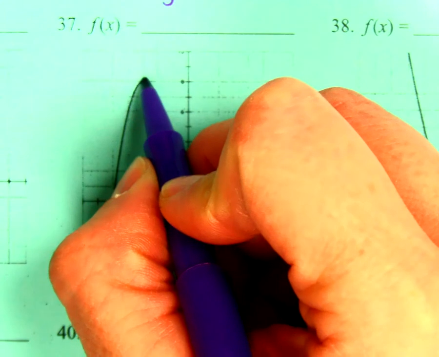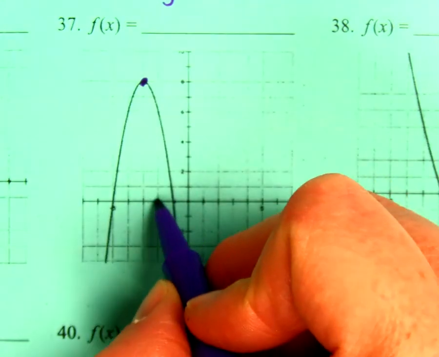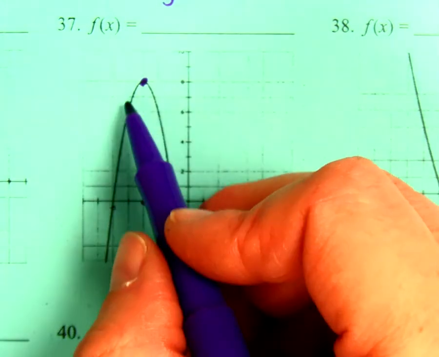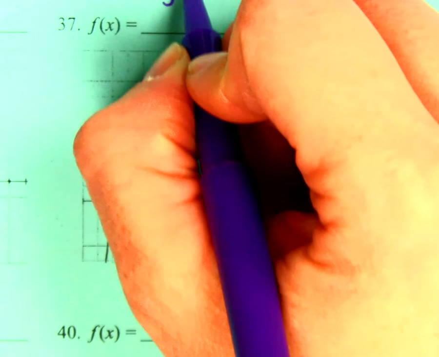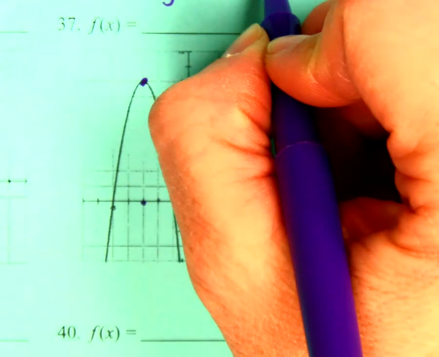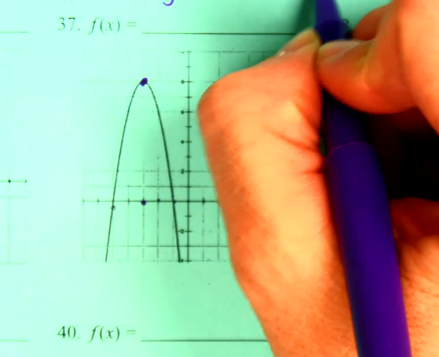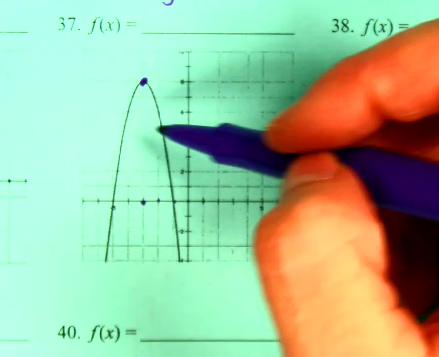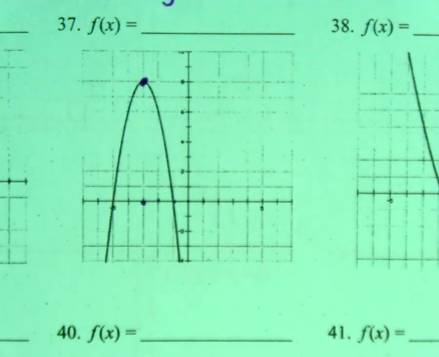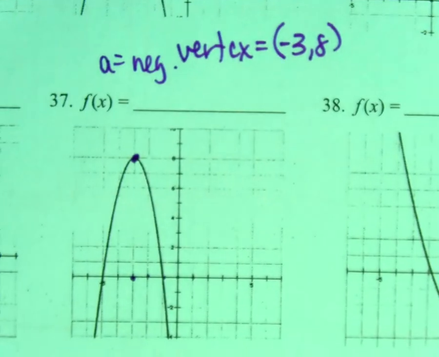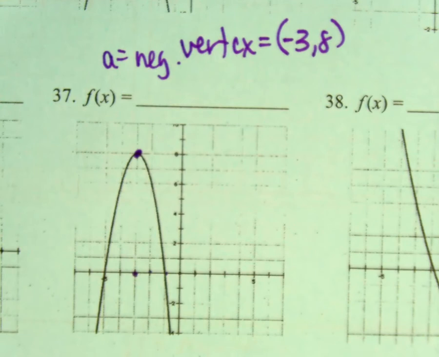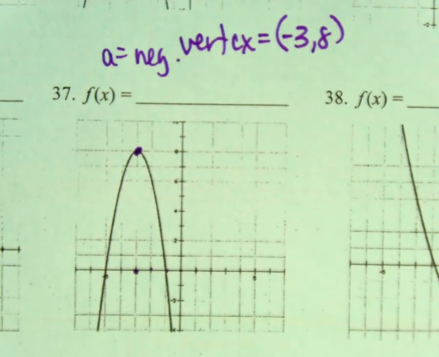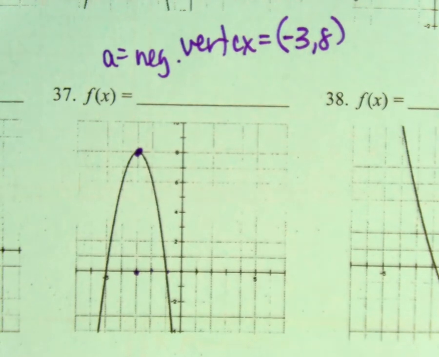I already know that my vertex is going to be right there, which is negative 3, 8. Oopsie. I need to determine if this is going to be following the parent function or if it's going to be wider or more narrow, because that's going to determine if I even have to find my A.